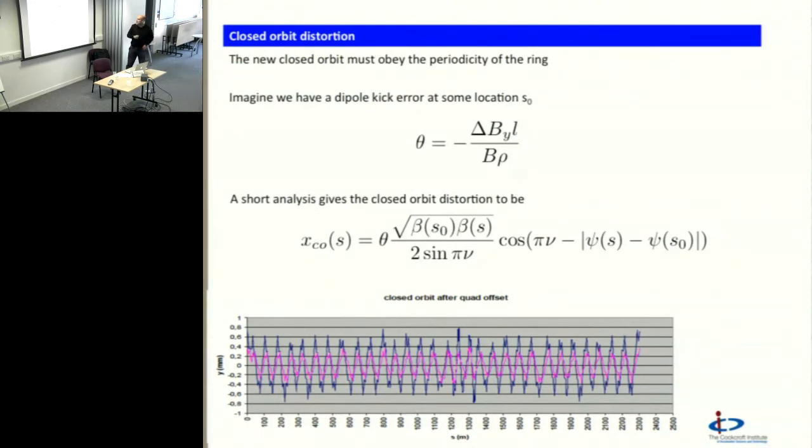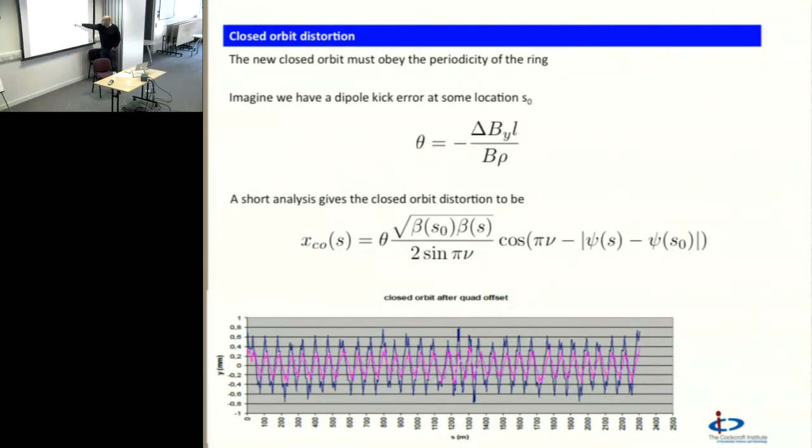It's full of stuff. So it's telling us my distortion to my orbit is proportional to the root of the beta function where the error is. So the beta function is my sensitivity factor as well. Times by an oscillating bit. So this is oscillating at pi times the tune of the whole ring. That's what nu is, that's the tune.